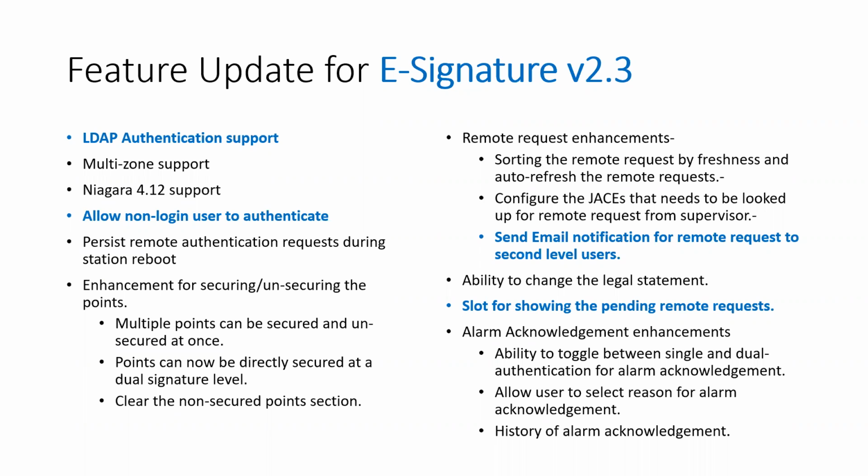There are also some remote request enhancements we made, including the ability to have that level 2 authentication. There are some new views for when you log in and when you see the request, and refreshing those requests based on how fresh or how recent they are. And also the ability now to send email notifications to remote users for those second level users.